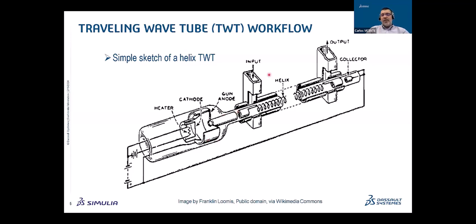Then we have the slow wave structure, where you have the helix, the beam will go through it, and the input-output ports. Here is where the amplified output signal will go out. And finally, we have a collector where all the electrons will need to be collected, absorbed and kept inside.